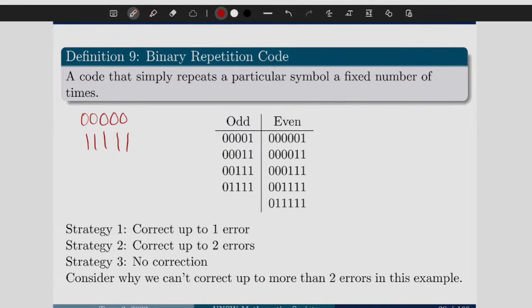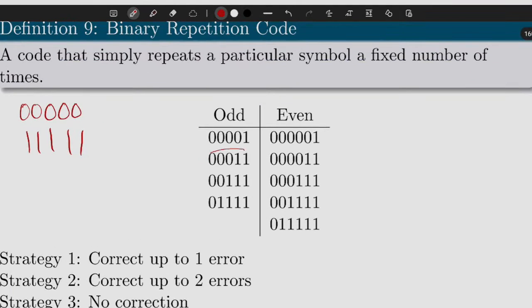Okay. But now I just really want to consider why we cannot correct more than 2 errors. So I can correct up to 1, up to 2. Why can't I correct up to 3 or 4? Right? And the reason why is, let's just consider the ambiguity of up to 3. If I was just to look at the odd side real quick, say I could correct up to 3, right? Then let's just look at this example. Up to 3 means I can also still correct it if it's just 2. So I could interpret this as, hey, it's likely just a bunch of 0s.